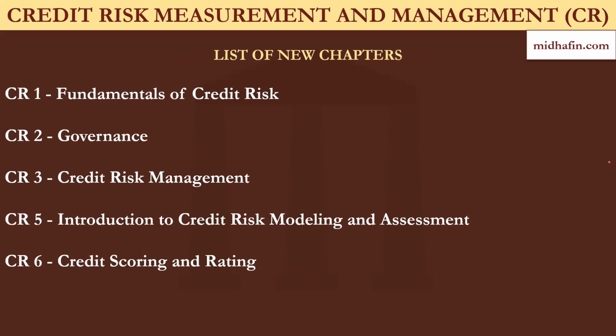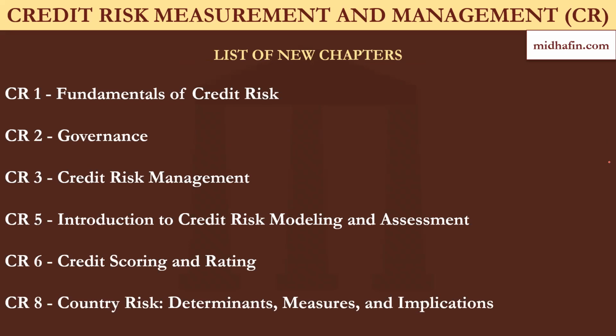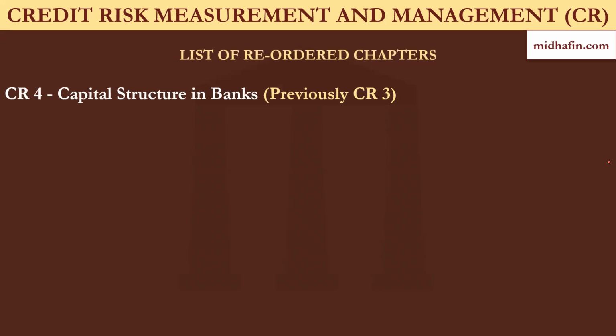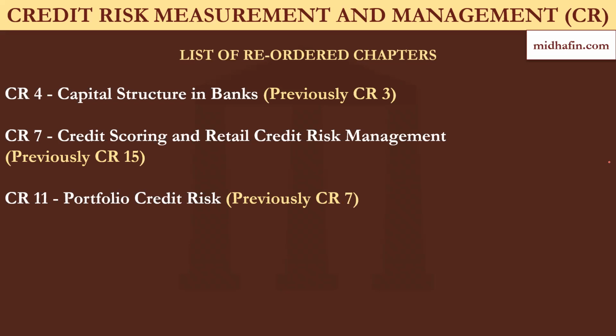Actually, this is a very good idea, so that if you have a basic understanding of credit scoring and rating, then you will be in a better position to understand credit scoring and retail credit risk management as well. The CR7 chapter is just a logical extension of CR6.